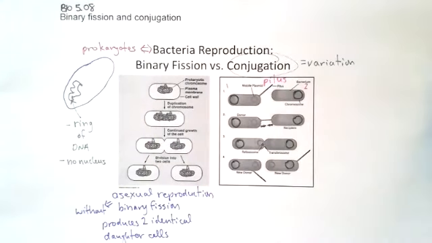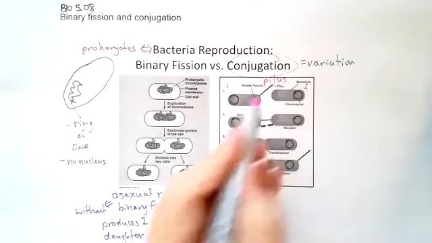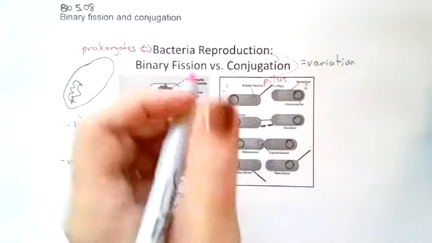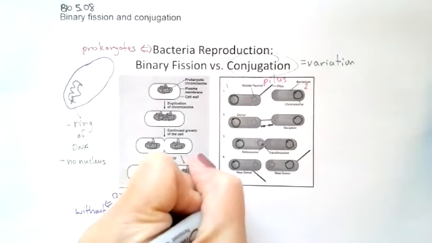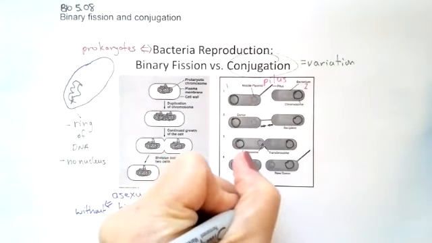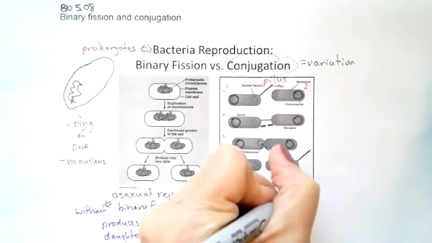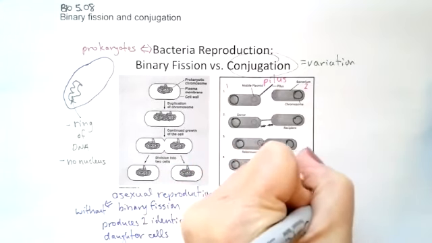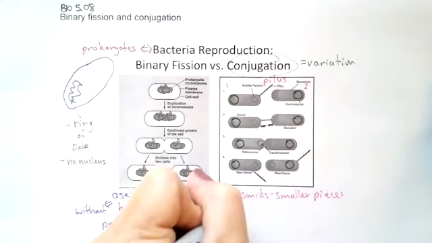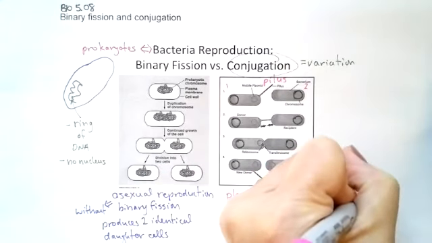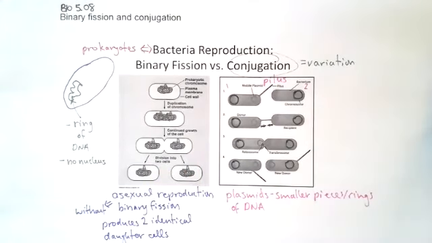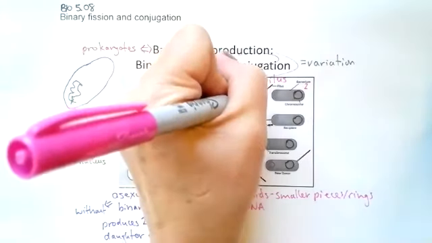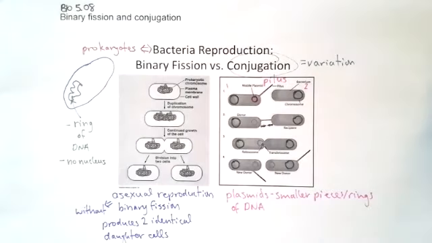Pilo, I believe, means hair in Latin. I guess they thought this looked like a hair. And they have free-floating pieces of genetic information called plasmids. They're smaller rings of DNA. So here's a plasmid. We'll do that in pink.